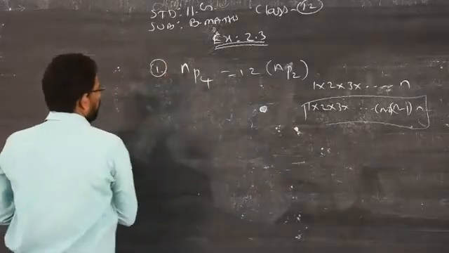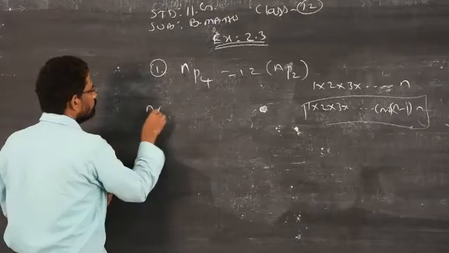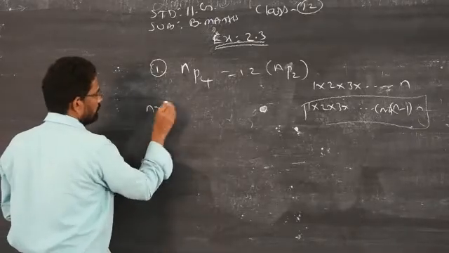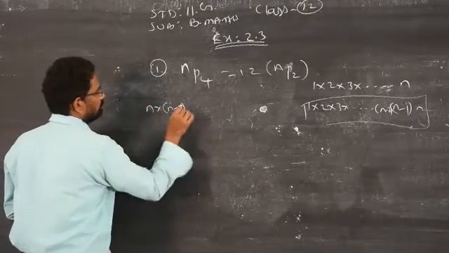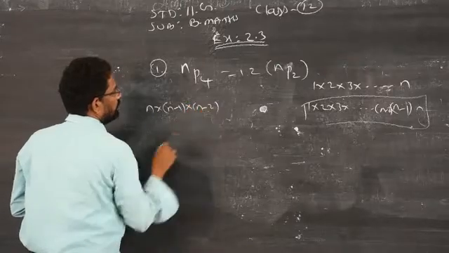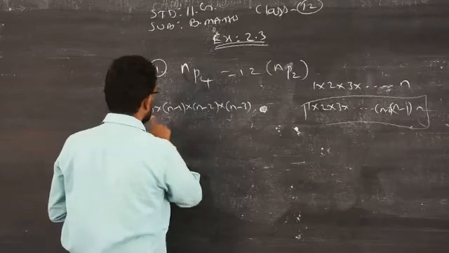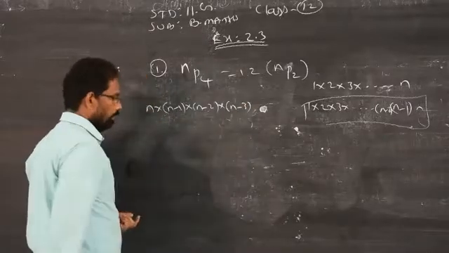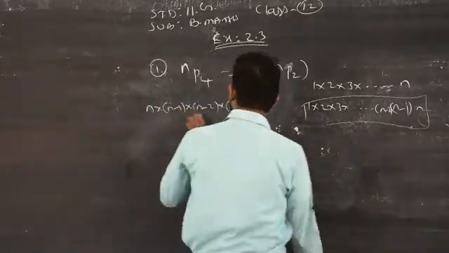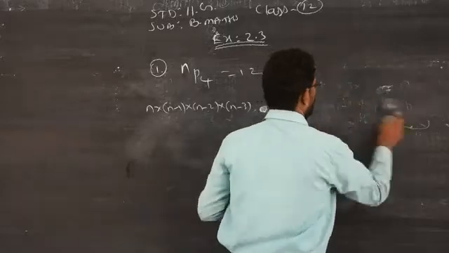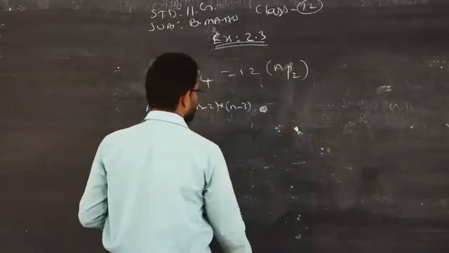So n, then n minus 1, n minus 2, then n minus 3. See 1, 2, 3, 4, 4 numbers. You know how to write this. Predecessor and successor I told you yesterday itself.